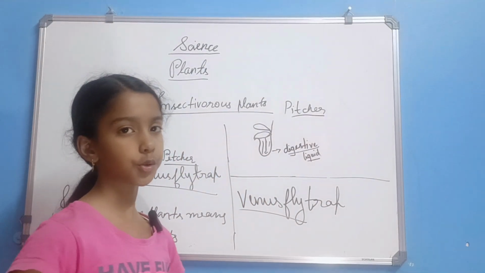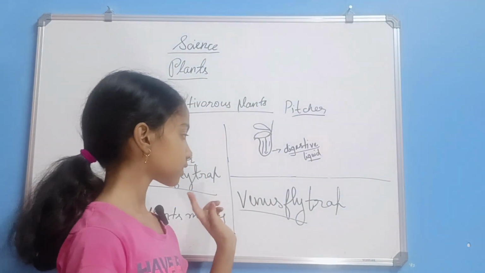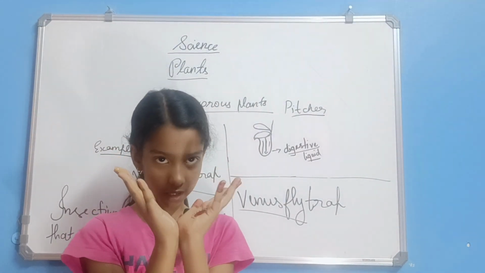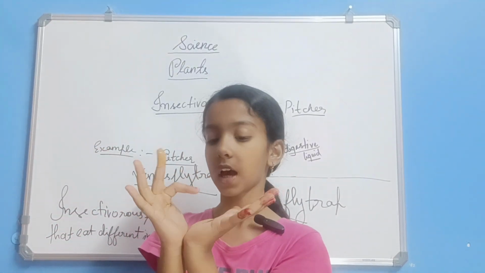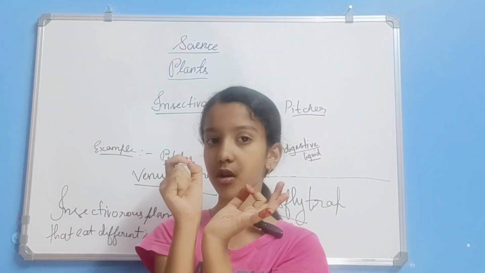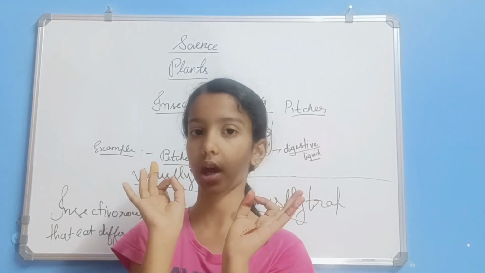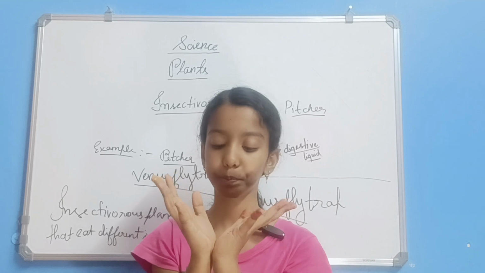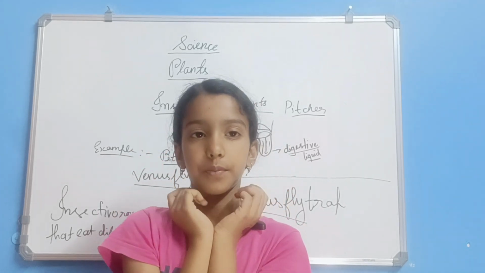I can't draw and show you, that's why I will show you with my hands. The Venus flytrap first will be like this. And here are some small tiny things, equal to hair. And it also looks so nice.